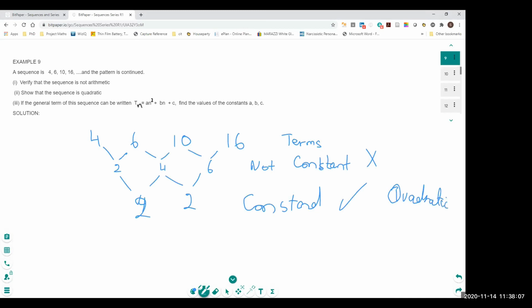Right, now we know that it's constant. We now have to find the values of constants a, b, and c. In other words, we have to write out the general formula of this term. But we don't know b and we don't know c, but we do know a. So we move this up a bit.